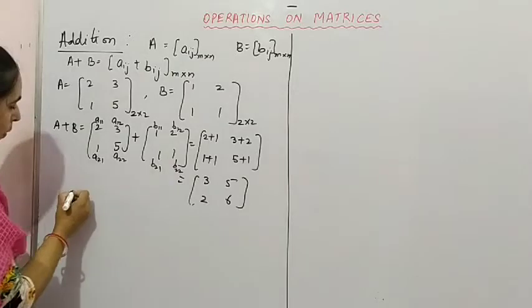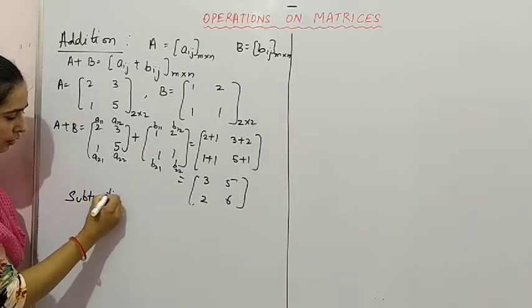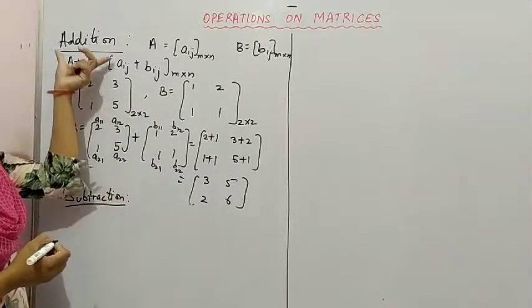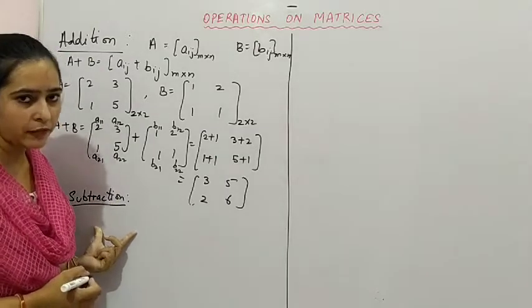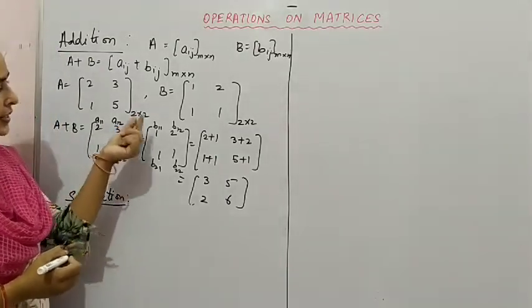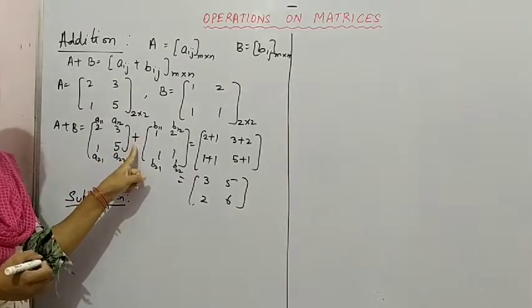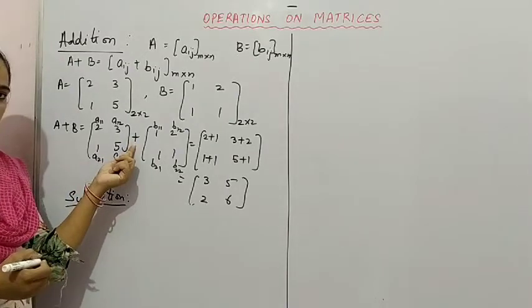Now, next operation is subtraction. Now, what is the case of subtraction? Addition and subtraction are done in very similar ways. There is only a difference of sign. Here is plus. To get subtraction, we shall write minus here.